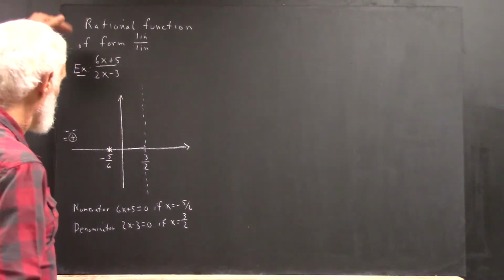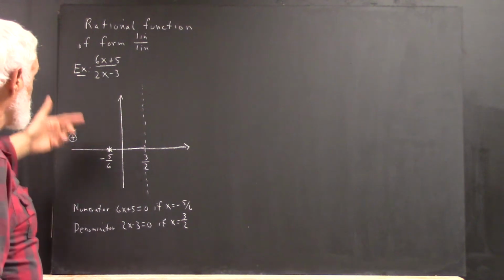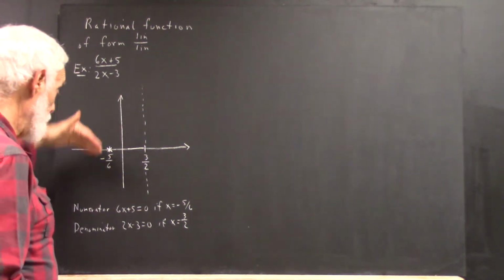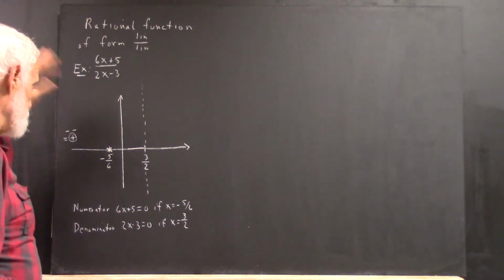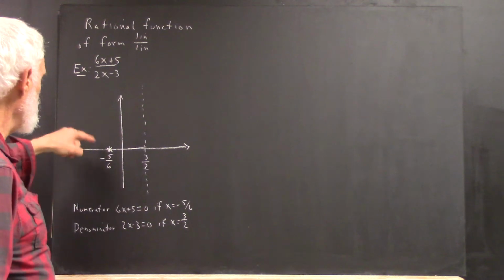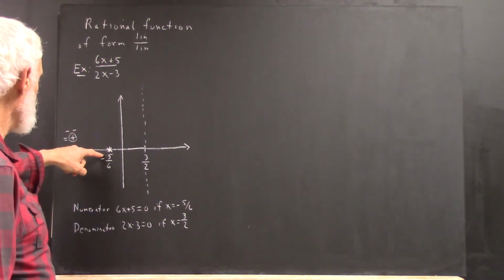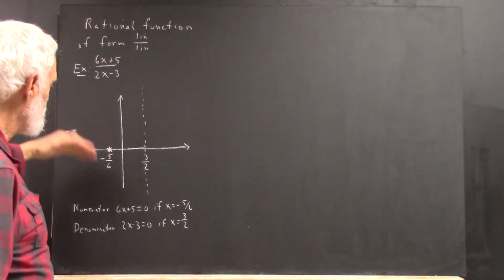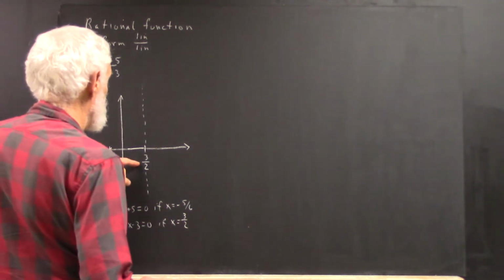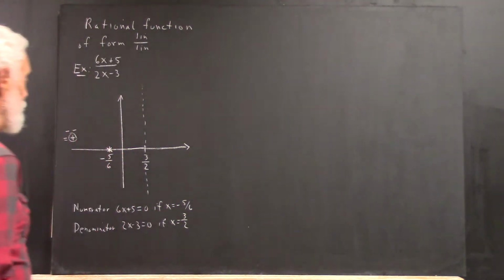So the graph comes down from up here somewhere. Turns out actually it doesn't come down from real high. We'll see what it does. We have the 0 at negative 5/6, and we're going to approach that through positive numbers. We'll have a vertical asymptote at 3/2.